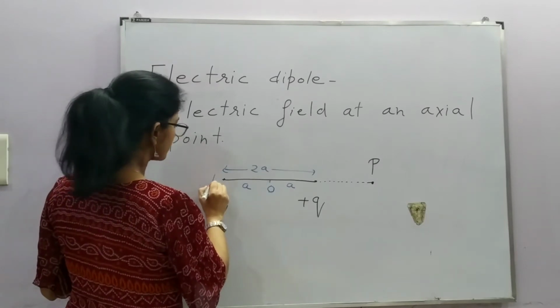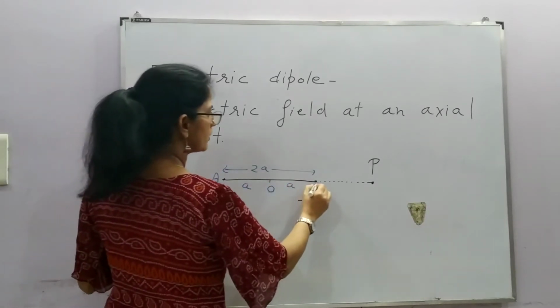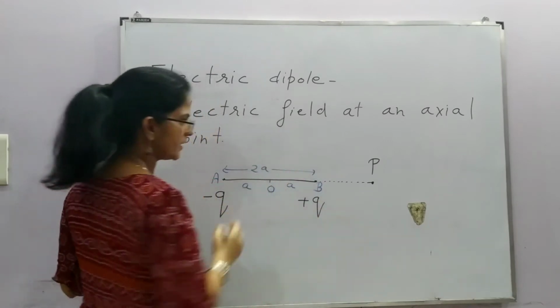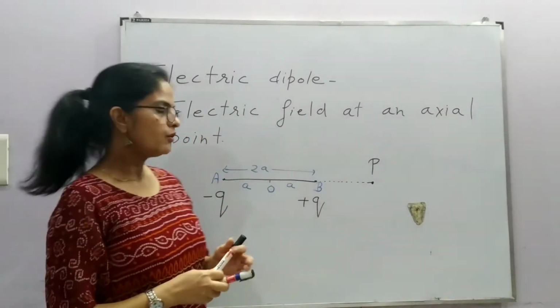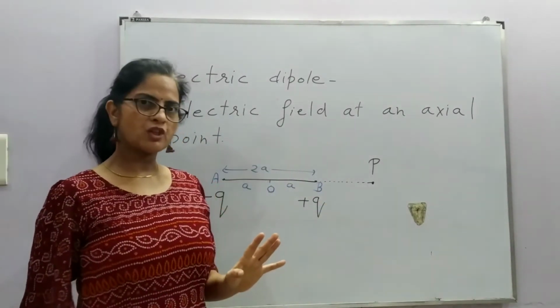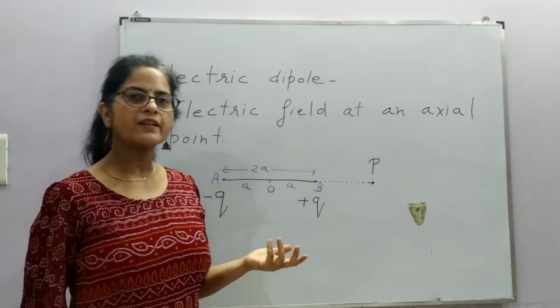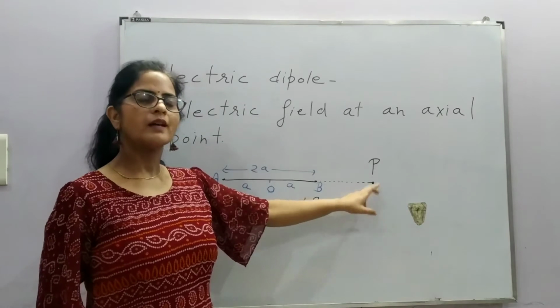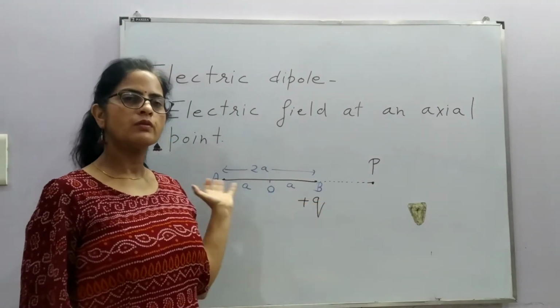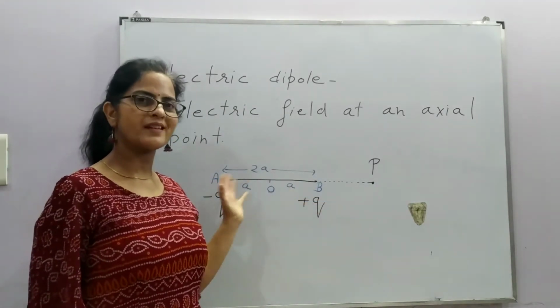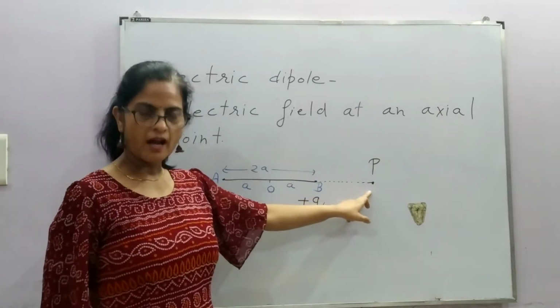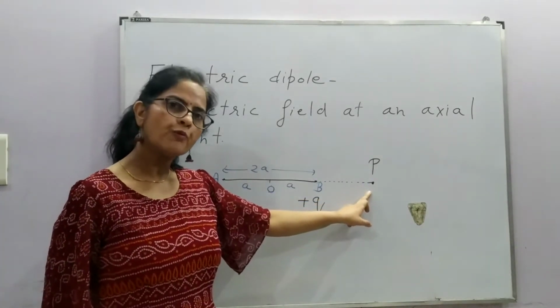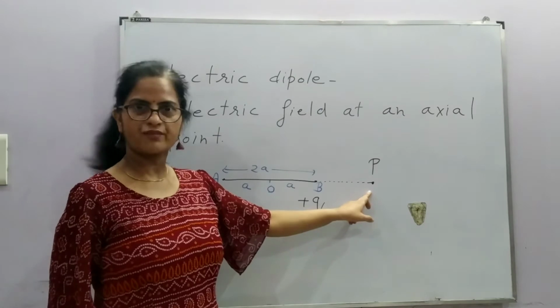Let's consider this point as A, this point as B. We know by the principle of superposition that for finding the net electric field at a point, we need to find the electric field due to all the charges present around that point, and we have to find the vector sum of those electric fields.